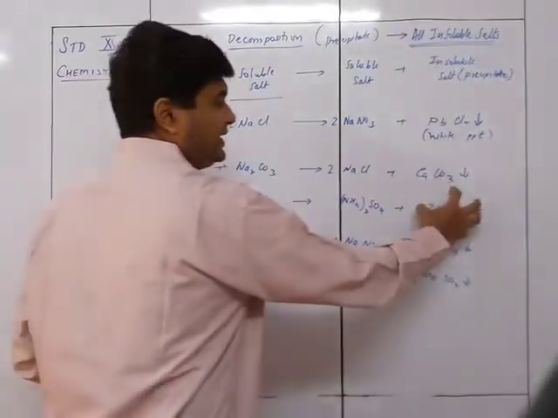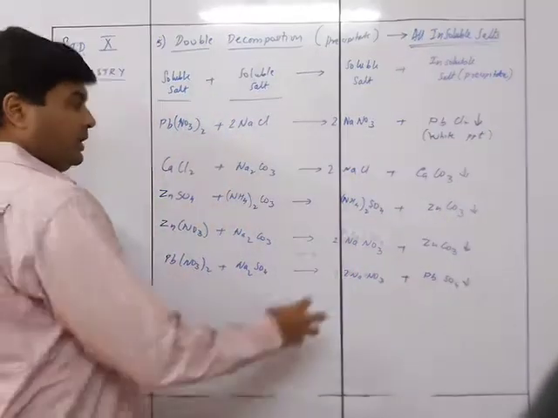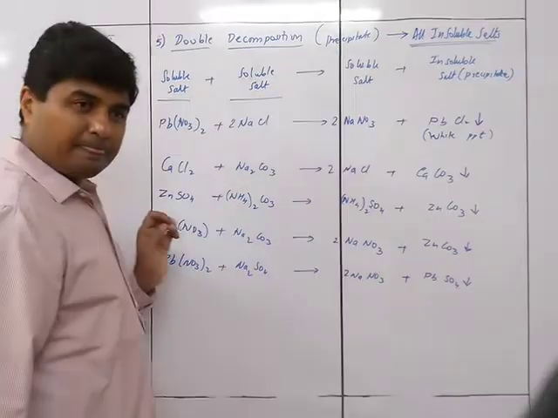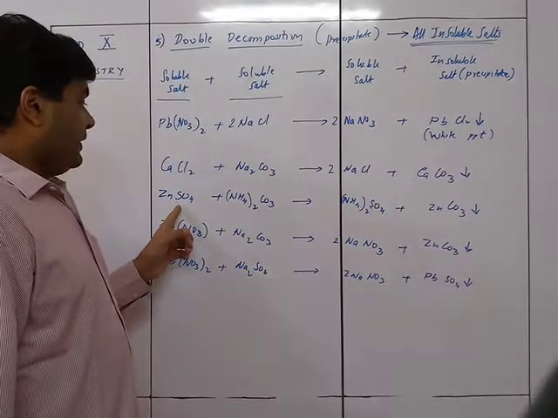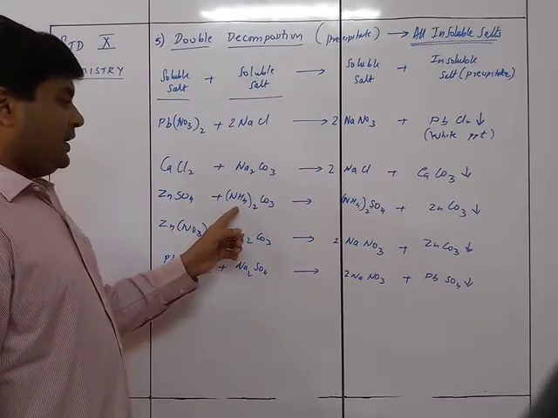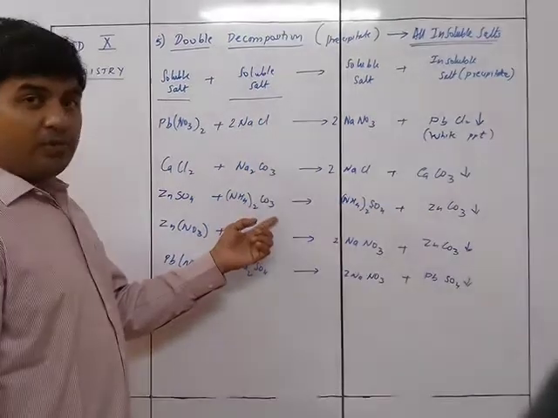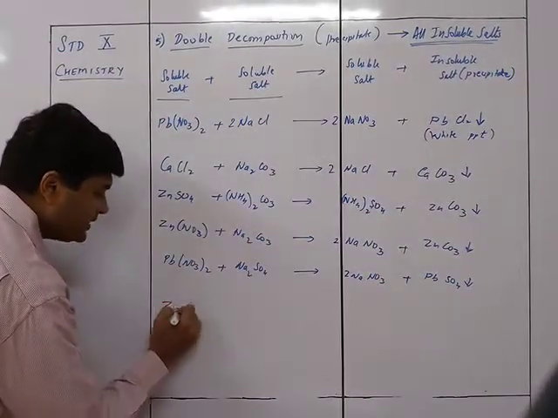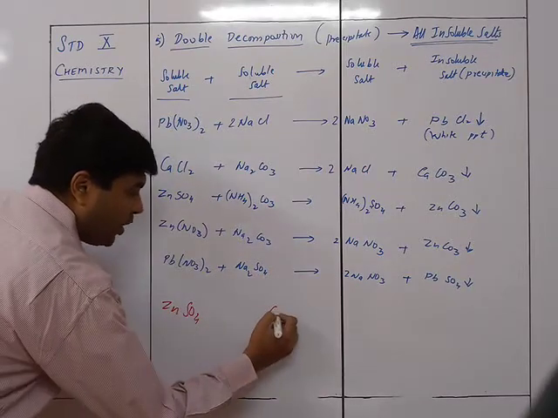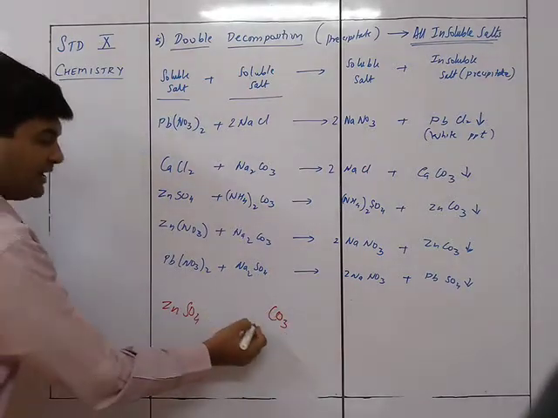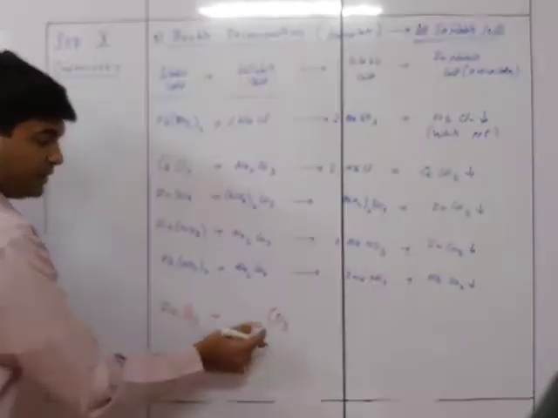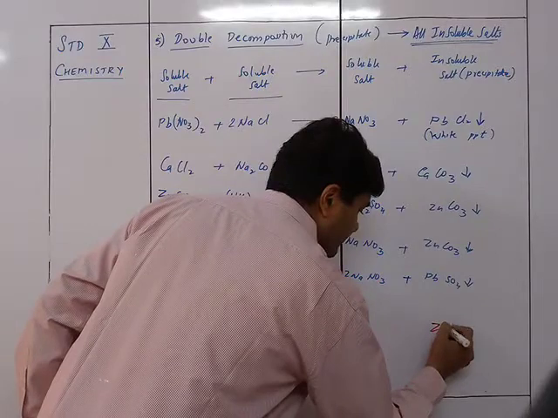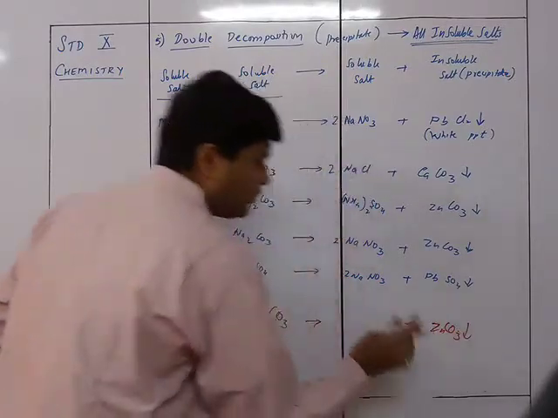Suppose I want zinc carbonate, and I have got zinc sulfate. I want a carbonate, so carbonate is definitely required over here with something which should give me ZnCO3. This is what I want.